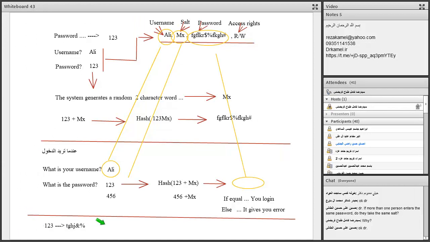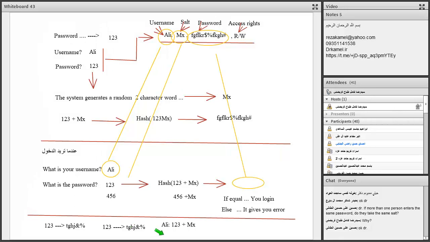If you have another person whose password is 1, 2, 3, it's obvious that the result is again this one. But when you use salt, if someone's password is 1, 2, 3, it generates a random salt. For example, for the first person, Ali, it becomes 1, 2, 3 plus mx. So this is not similar to this one.